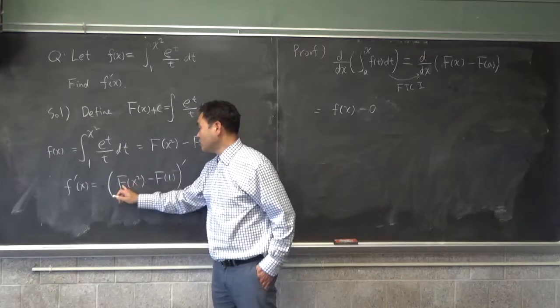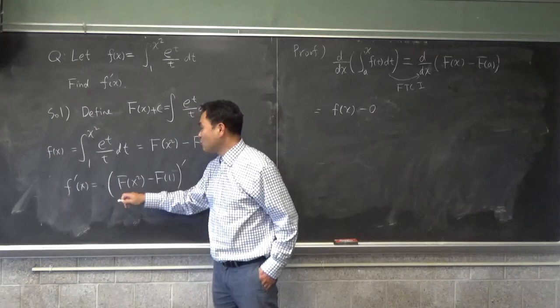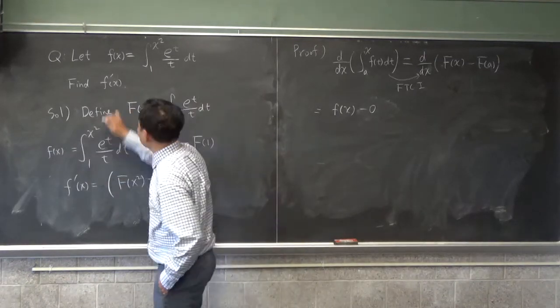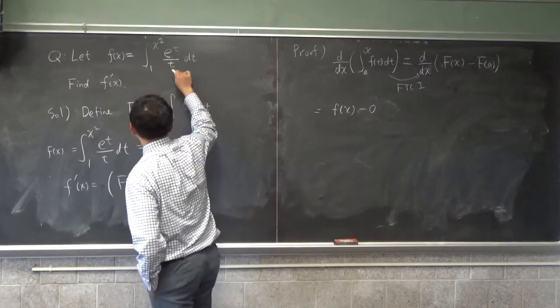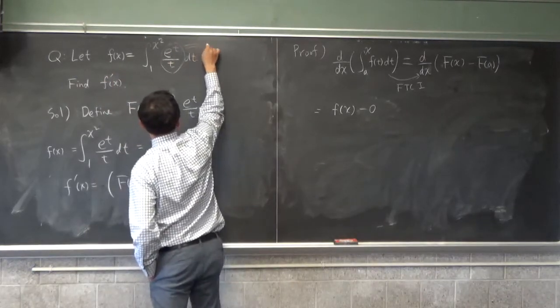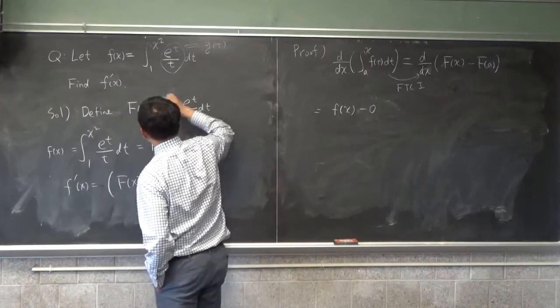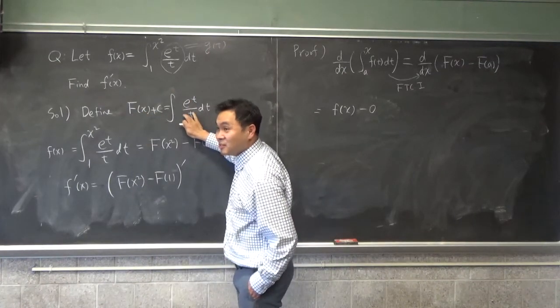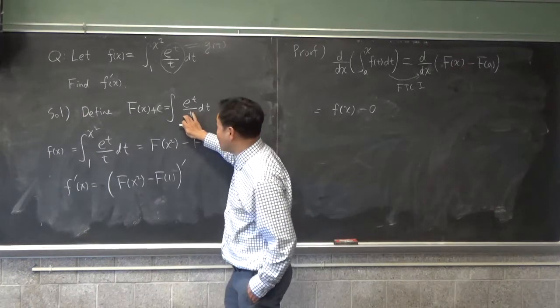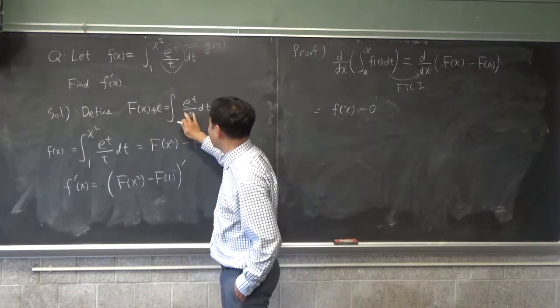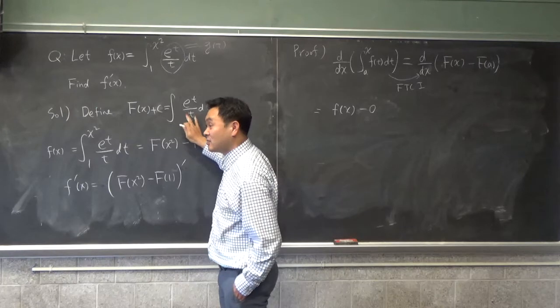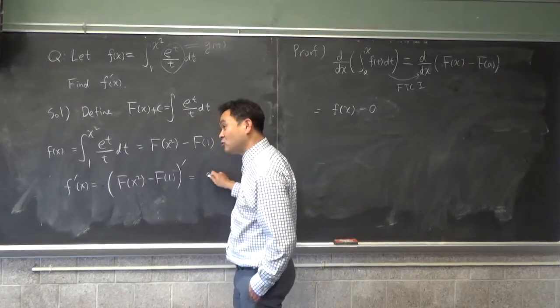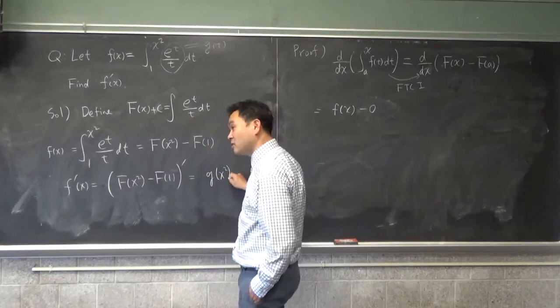Derivative of this capital F is small f, but unfortunately that name is reserved for something else, right? So let's call this g of t. And really, because capital F is the integral of g of t, you get what I'm saying? If you differentiate F, you get what? G of x. So you're going to get g of x squared.